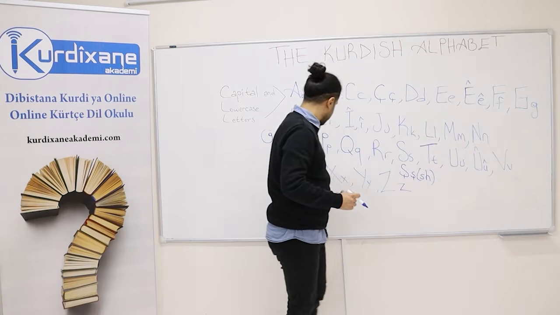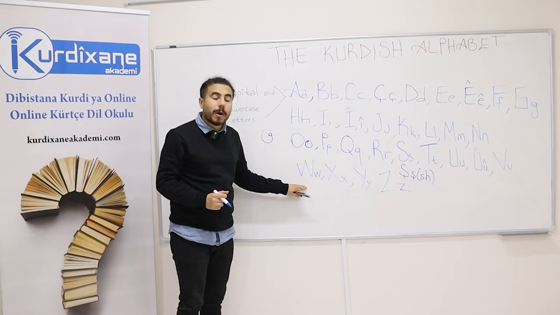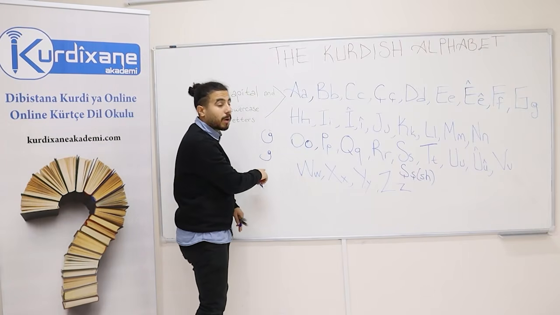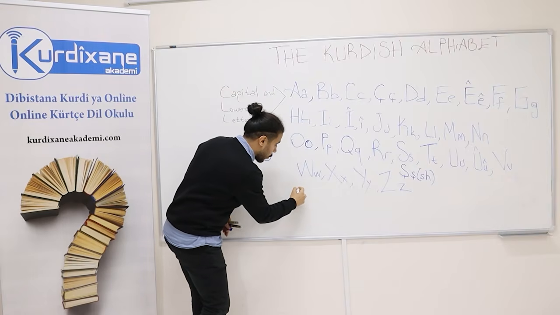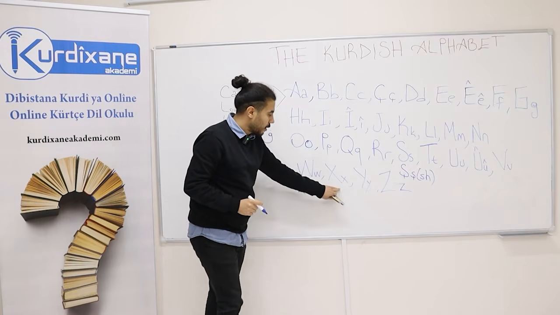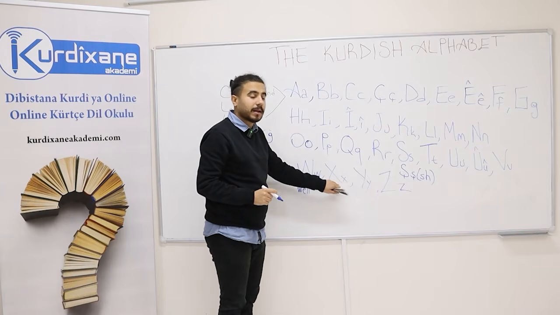V. This is we. Do you know the sound in the Arabic alphabet? Wow, we. Just like the word well in English. We've got another special sound, kh.